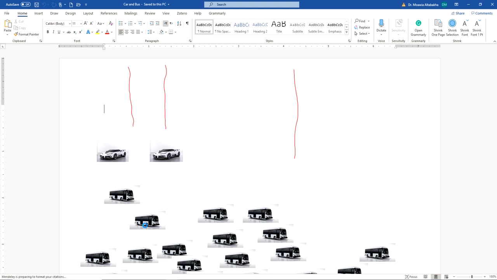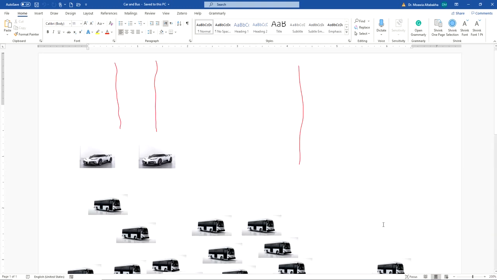Okay, what do you see here? You see beautiful cars. You have two cars. There is a driver in the car, and each car can take 4 passengers.